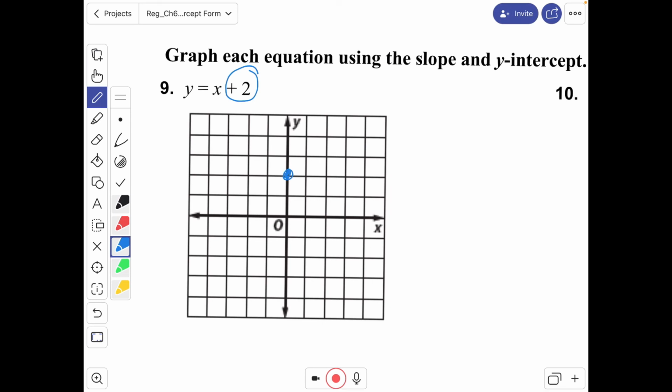And then I can plug in any other number I like and find another point. So if I plugged in maybe a 3, so it's 3 plus 2. So my x is 3, and the y is going to be 5. So that's 3, 5. And go over to the right 3 and up to 5.